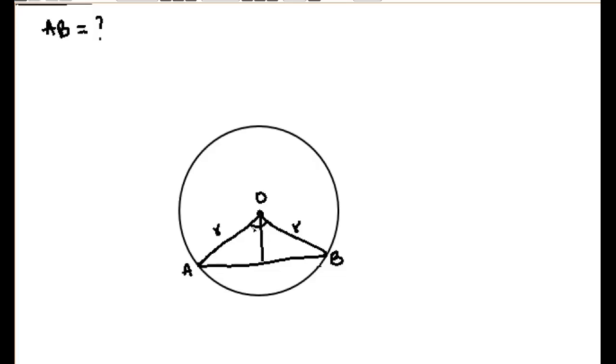I had theta initially before. So if I divide this angle here, it becomes theta over 2. Also here becomes theta over 2. So from here we can now determine the length of the chord.